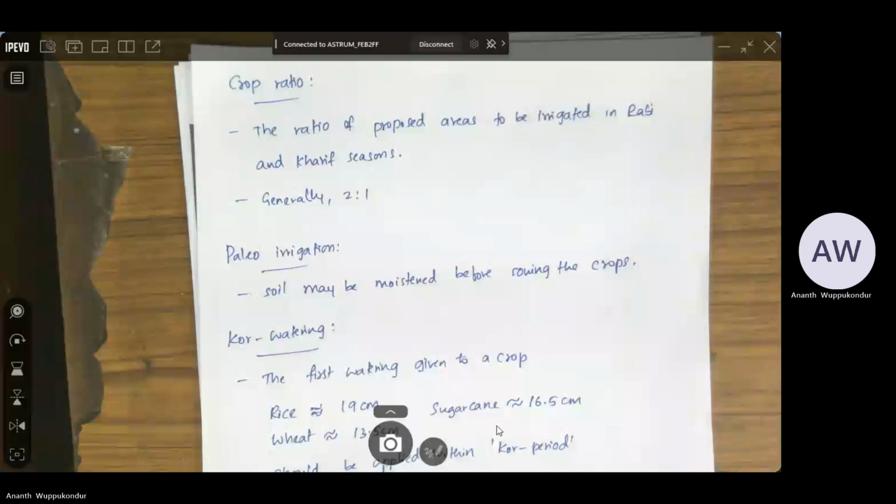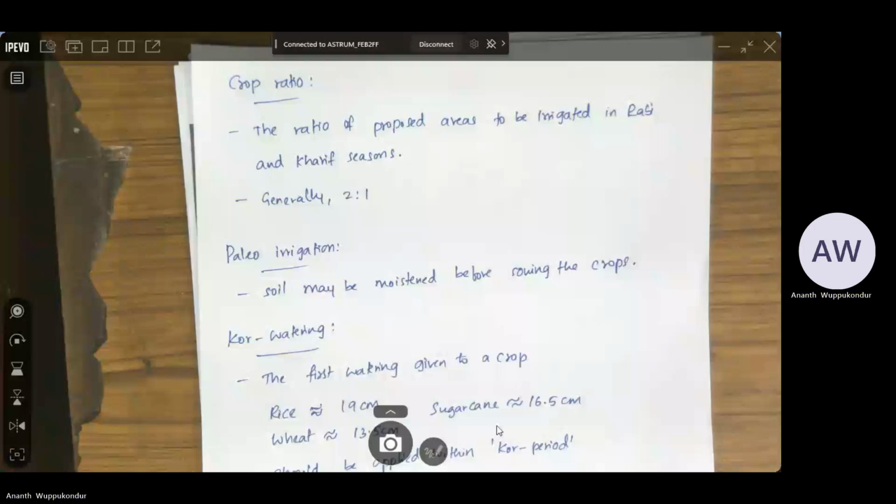There could be some crops which do not require irrigation specifically, which can survive on rainwater or water that is already present in the soil, whereas some other crops might require irrigation specifically.